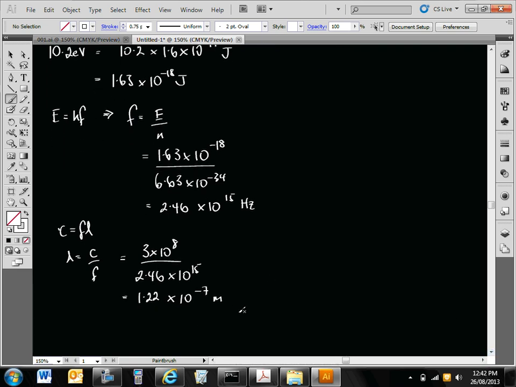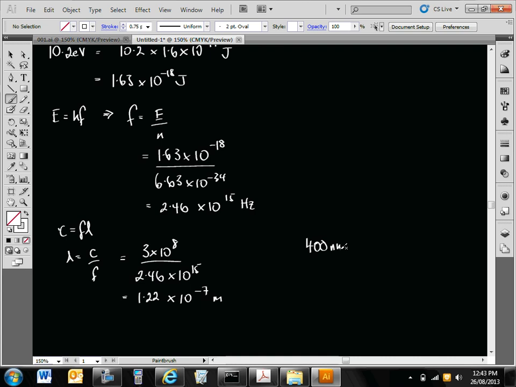That might look a little bit more familiar. That's a pretty small wavelength, isn't it? As far as the visible region, from what we know, 400 to 750 nanometers.